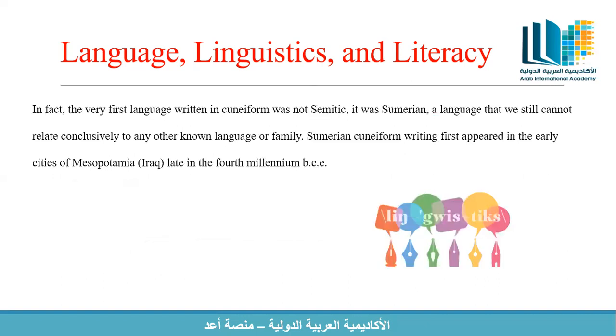So in fact, the very first language written in cuneiform was not Semitic, it was Sumerian, a language that we still cannot relate conclusively to any other language or family. Sumerian cuneiform writing first appeared in the early cities of Mesopotamia, Iraq, late in the 4th millennium before Christ.